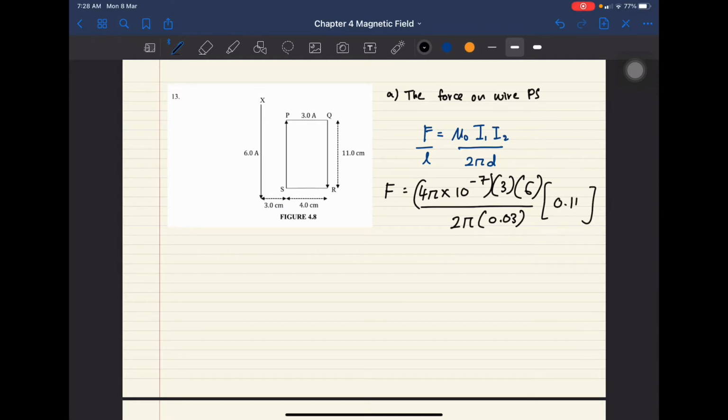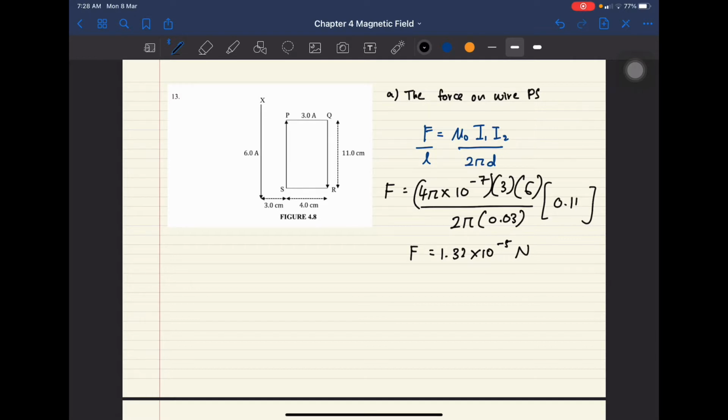Now you just have to press the calculator. If you want to quickly press, I think you can cancel out the 2 pi and 4 pi first. I got F equals 1.32 times 10 negative 5 Newton.